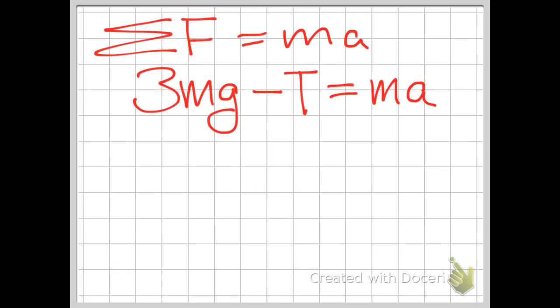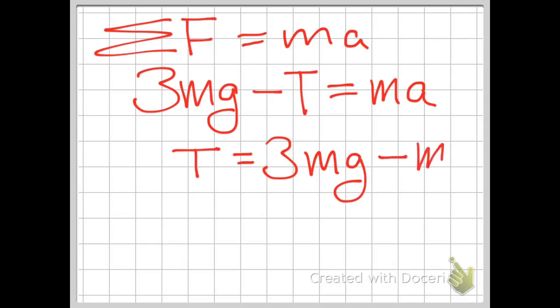So we can rearrange this to solve for tension by subtracting MA from both sides. So we end up with this formula. Okay, so that's the first thing we know.